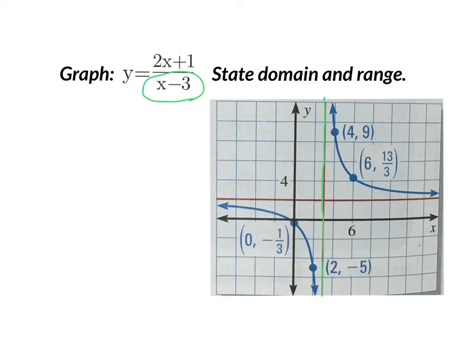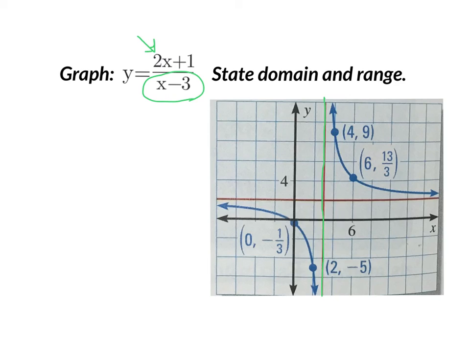Now, my horizontal asymptote got shifted up 2 because of that 2 right there. You multiply the numerator by 2. We'll talk more about that as we advance, but that's what caused that to happen. And because there's no negatives, it does not get reflected at all. So my curves are still in the first and third quadrant like they have been.